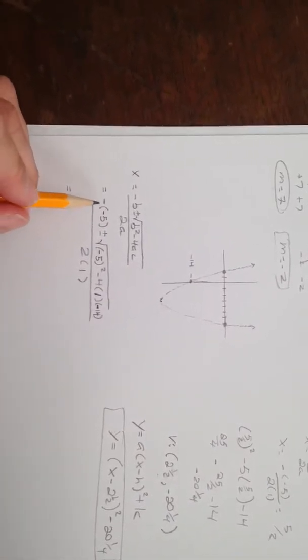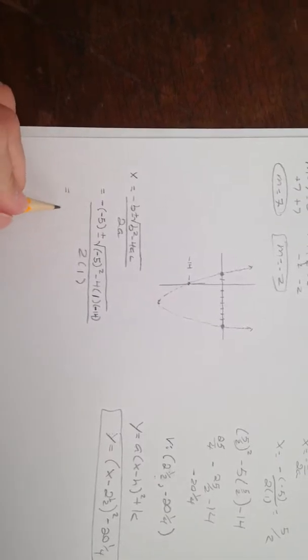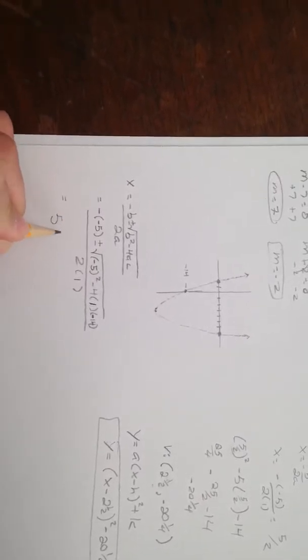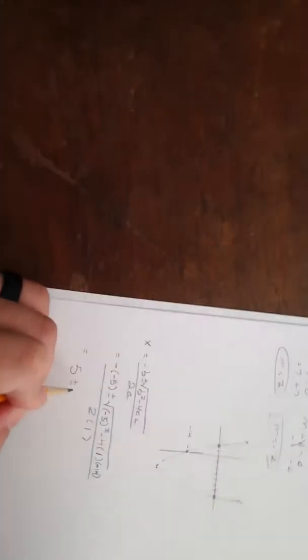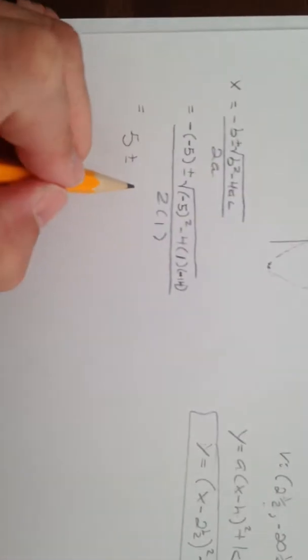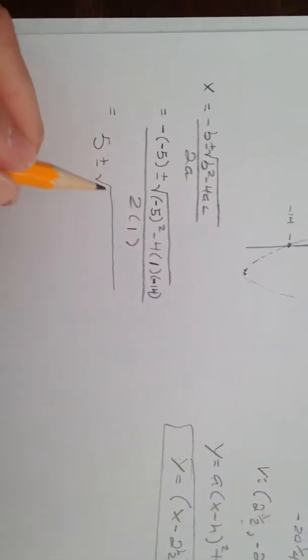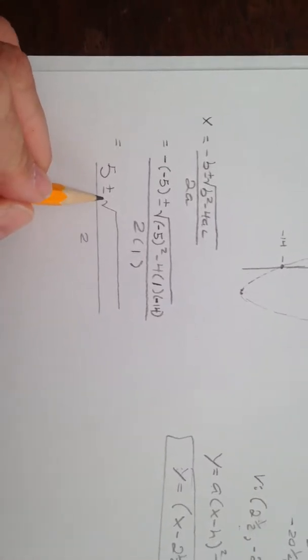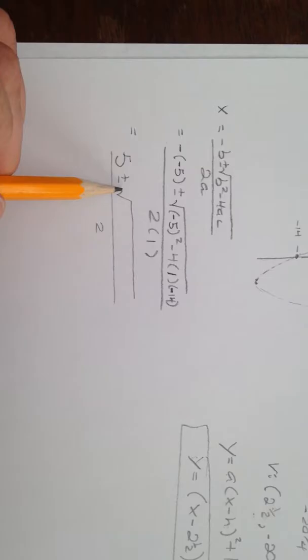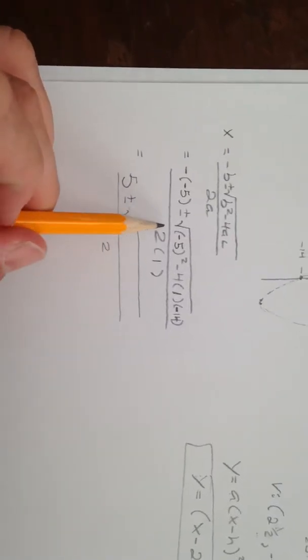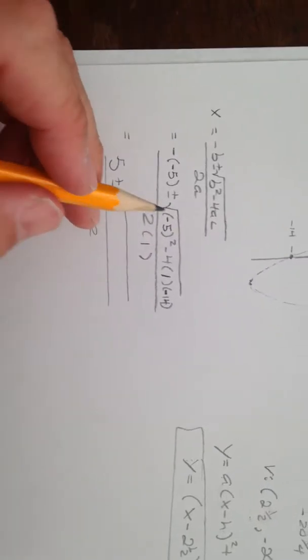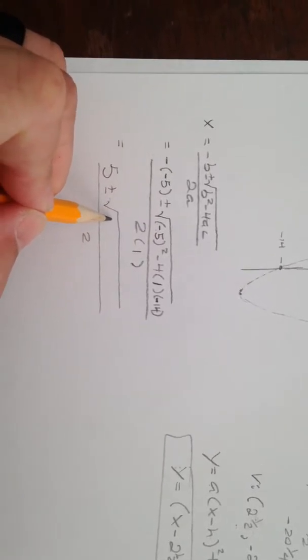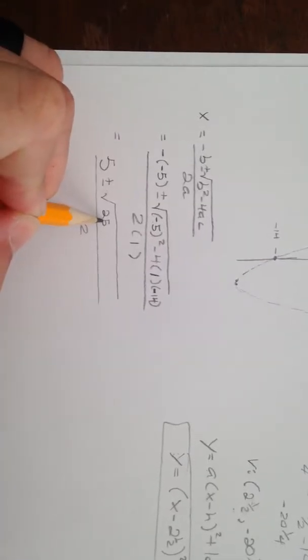Now, I always just take care of this. I mean, negative times a negative is a positive. That's a quick, easy thing to deal with. 2 times 1 is 2. Guys, oh, and here's another thing. People forget that there's a radical sign there. Don't forget that. Right here, negative 5 squared is a positive 25.